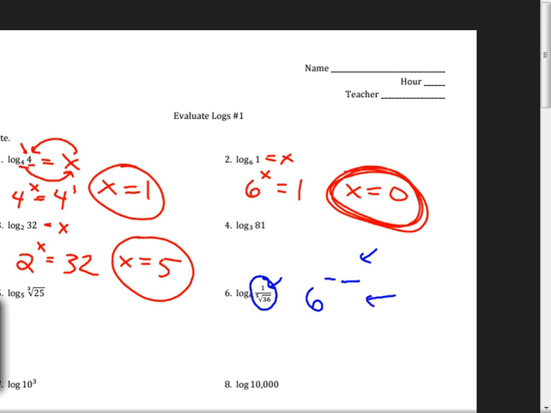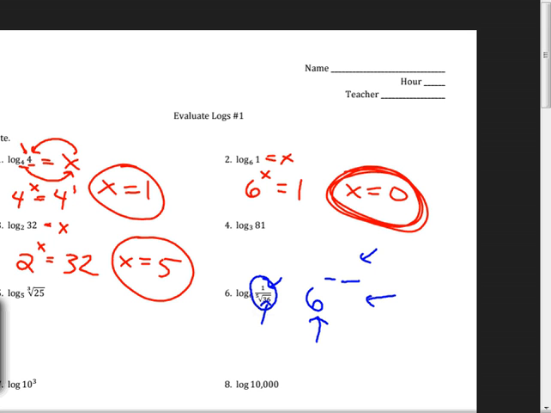How about this? To get a 6, to have a 36 in the answer, what does it need to involve? Squaring. So 6 has to get squared. Should that be the number on the top or the number on the bottom?